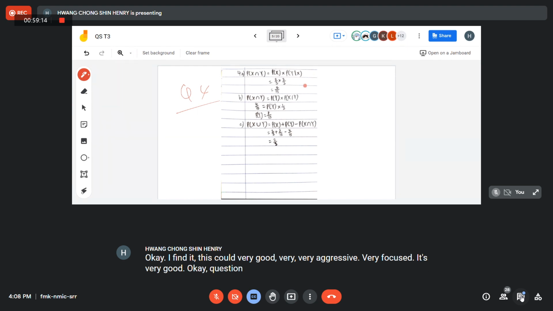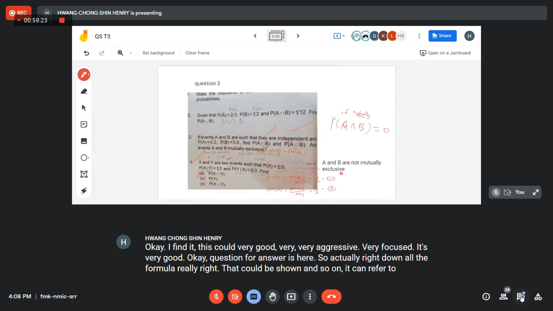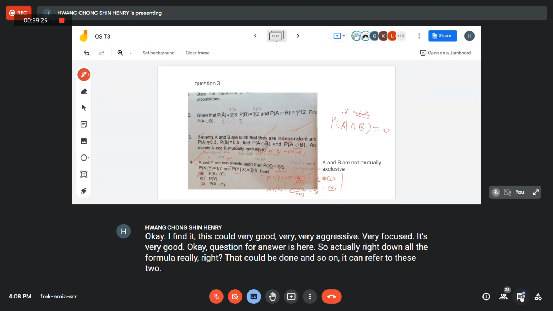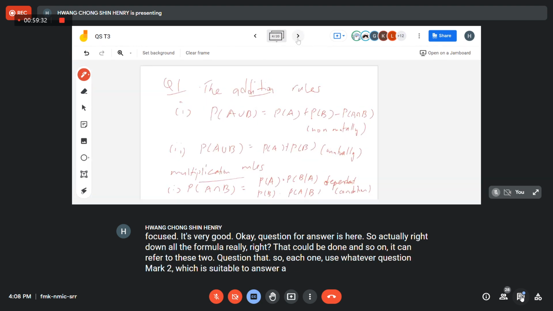Okay, question 4 answer is here. So actually I write down all the formula already, right? The condition and so on. You can refer to these two questions there. So use whatever equation 1 or 2, which one is suitable to answer part A, P(x and y).